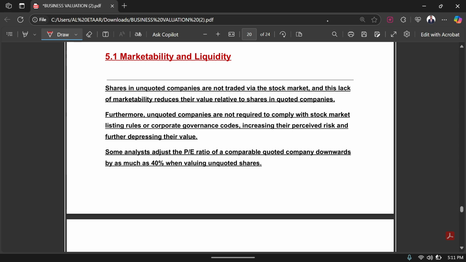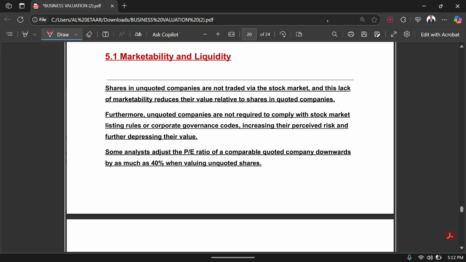Yes, because an unquoted company, an unlisted company, is not listed on the stock market, so it does not have to follow the stock market regulations, right? And stock market regulations are designed to regulate those companies who are raising funds from the public. So they have to be very carefully regulated, right? And the companies also have to be very careful about everything they do, right? Then there is the corporate governance code also that those companies are required to follow.